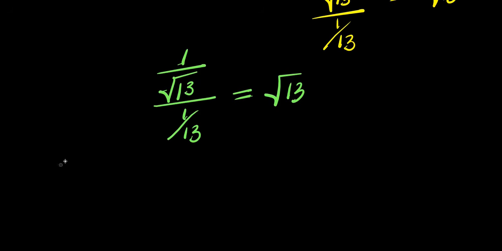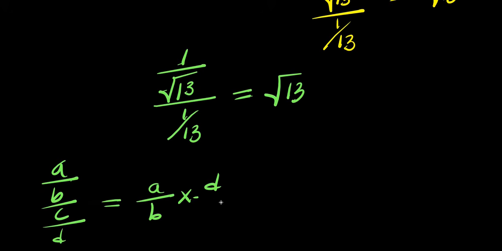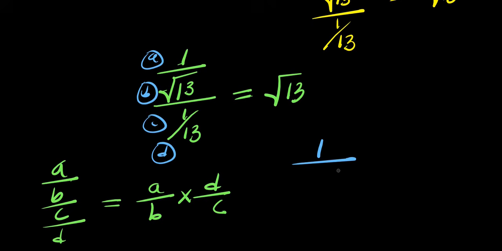So if you have a divided by b, divided by c divided by d, this equals a divided by b times d divided by c. So this is my a, this is my b, this is my c, and this is my d. So I'm going to have 1 divided by the square root of 13 times 13, that's d, divided by 1.